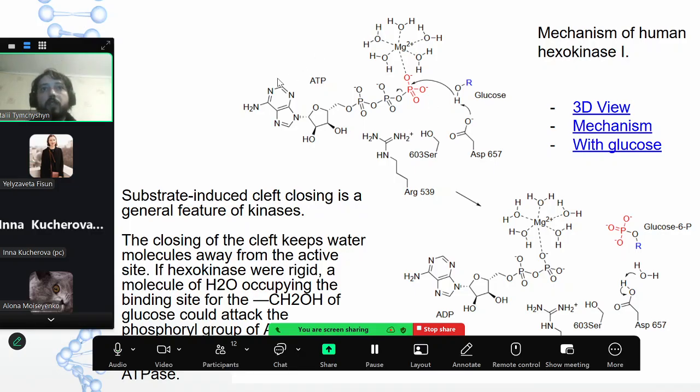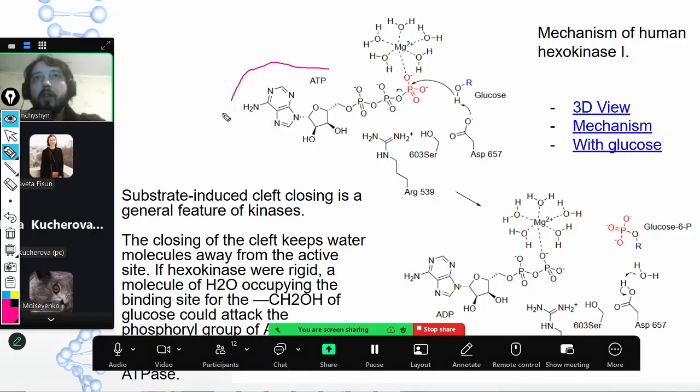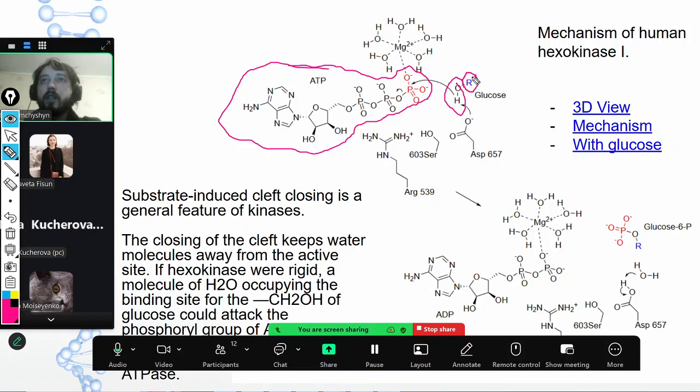Here you see the ATP, this thing is ATP. Here is the OH group of the glucose. This R designates all the rest of the glucose.